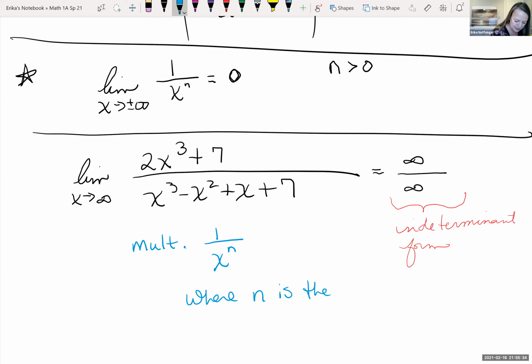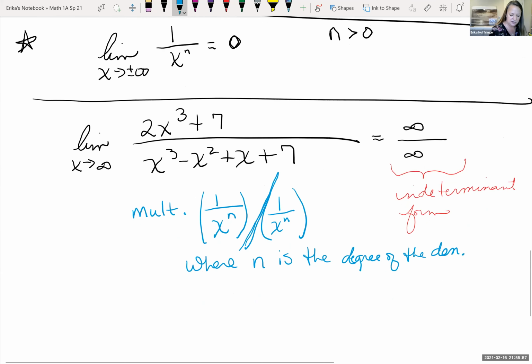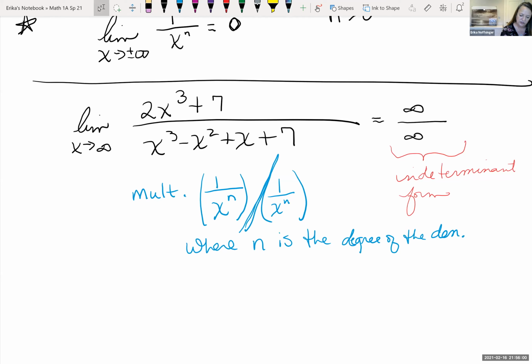Technically this really isn't 1, so we'll say multiply by 1 over x to the n all over 1 over x to the n. So a fancy 1. So notice if you do that, if I multiplied everything through by 1 over x cubed.